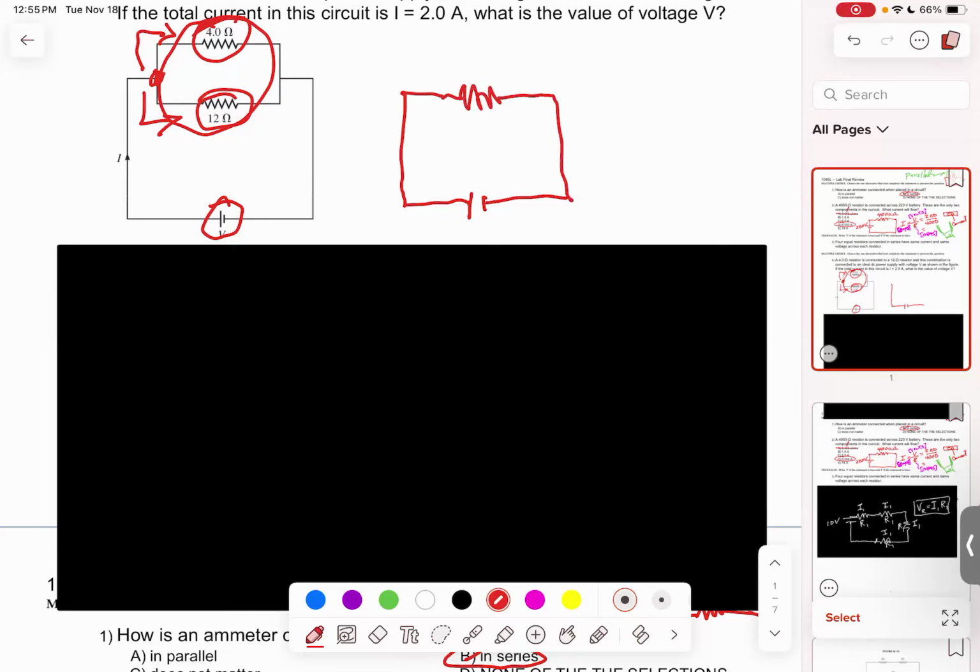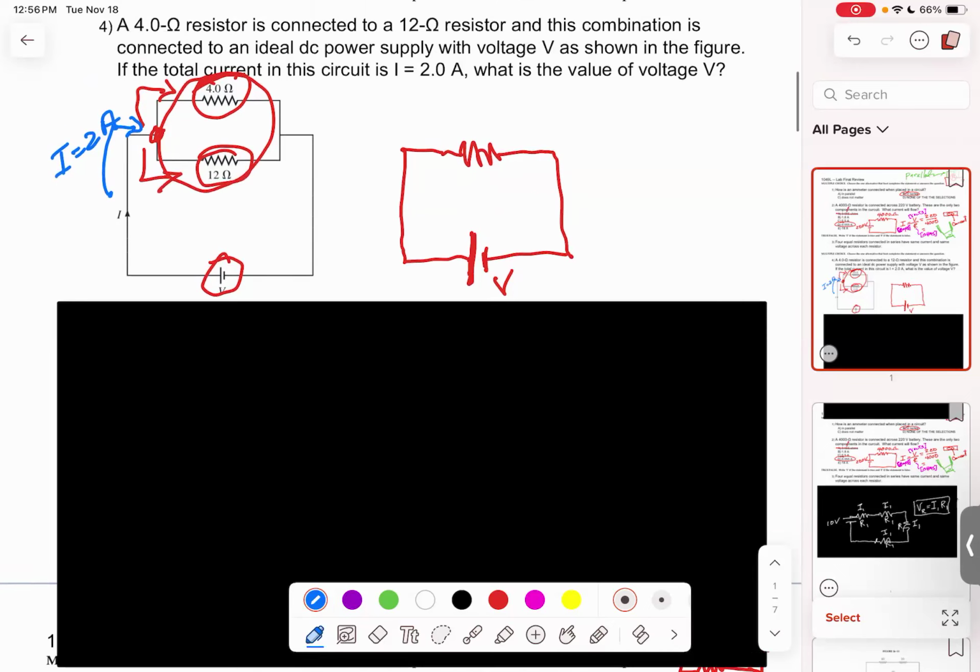That's a resistor. There's our voltage V. And remember what we have over here: we had 2 amps going through the setup, through the node.